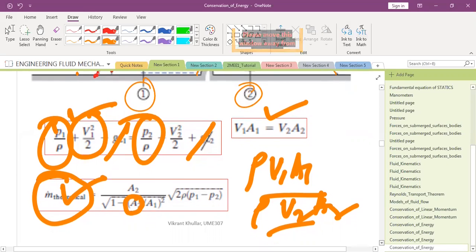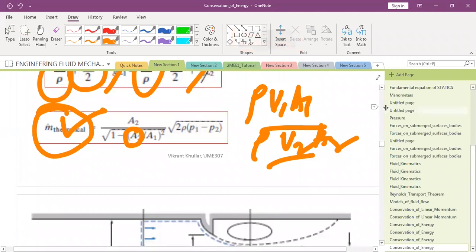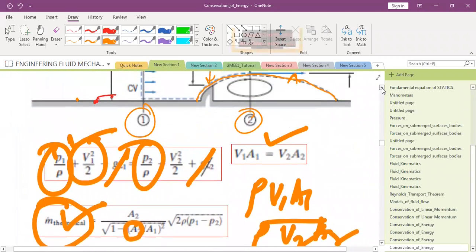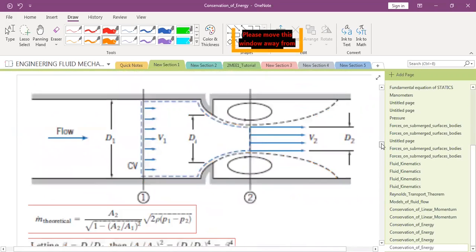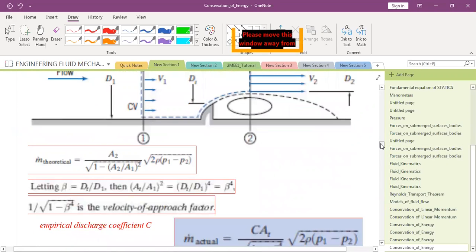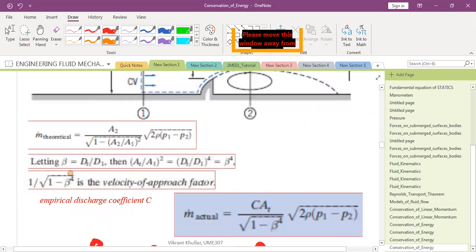Then if you want to find out M practical, that is not. Now please remember this A2 is not known to you, but you know this value. So you have devised a technique to find out the A2 in terms of this. So please be careful. What I am defining now is beta is dt upon d1.